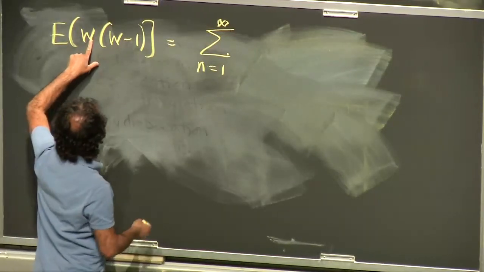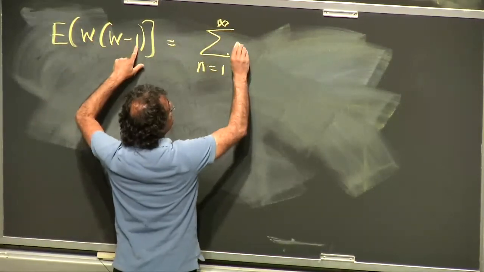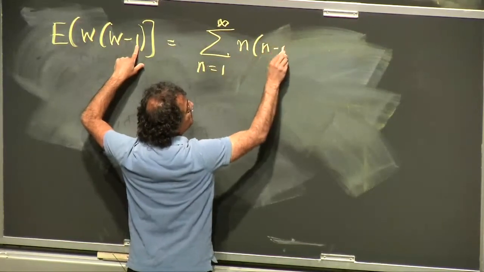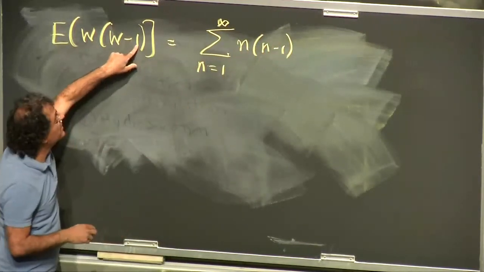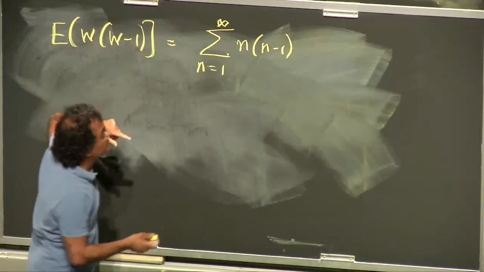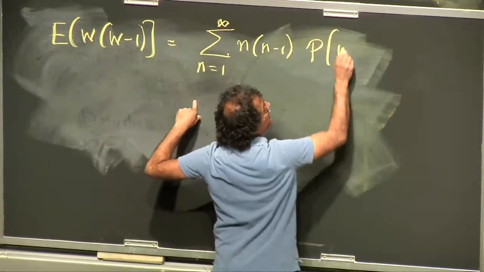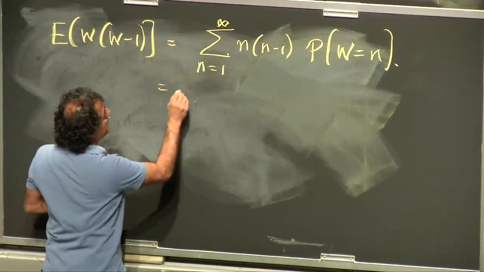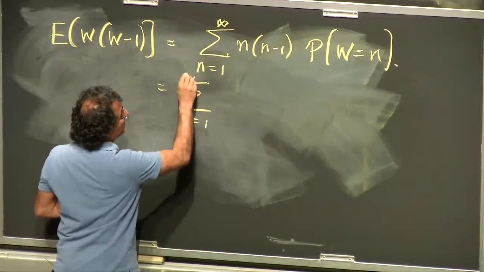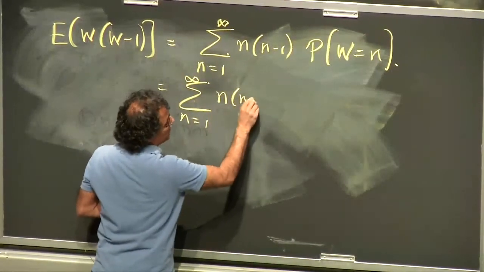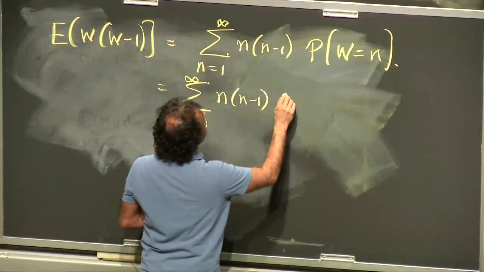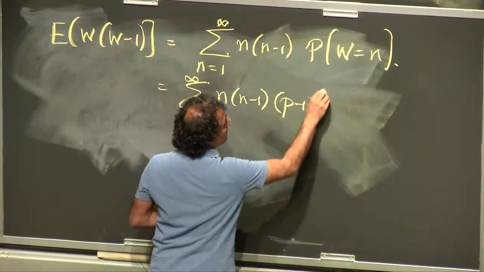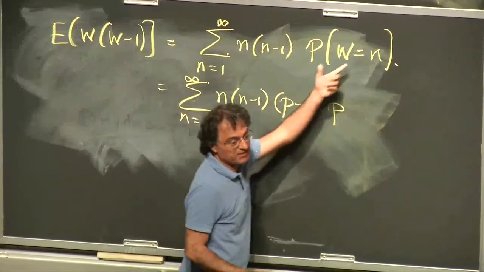So when W equal to n, you'll get W times W minus 1 is n times n minus 1. And then times the probability that W equal to n, right? That's the expected value. So that's summation n equal to 1 to infinity of n into n minus 1 into p minus 1 to the n times p. That's the probability W equal to n.